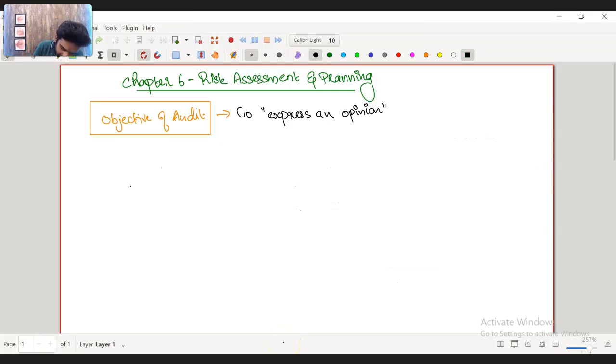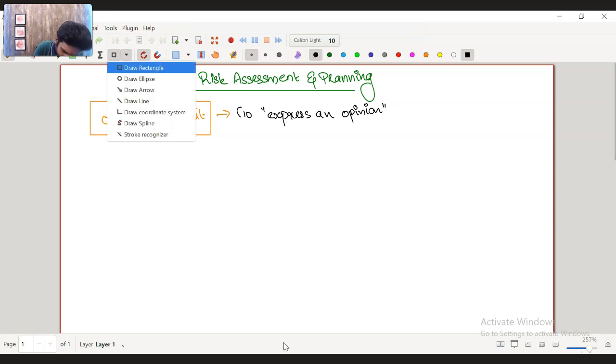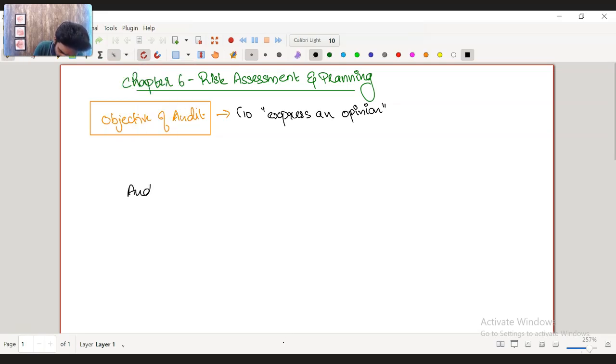Let us say that you identified material mistakes in financial statements. Now, as an auditor, what will be your opinion?